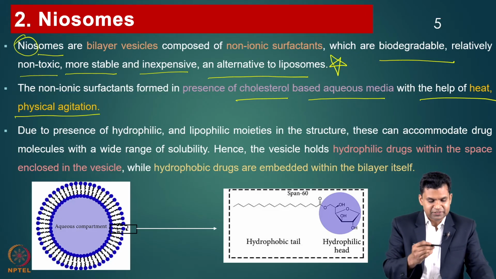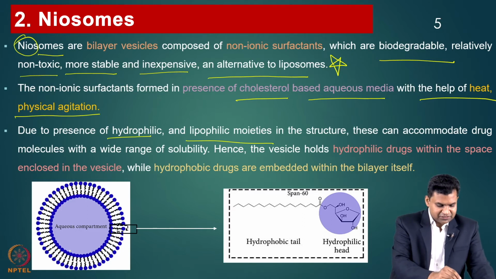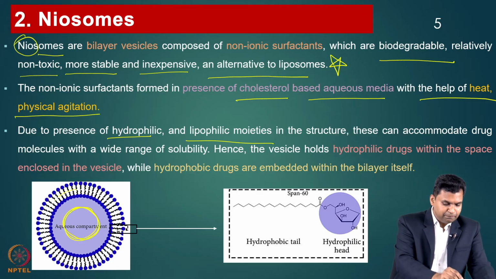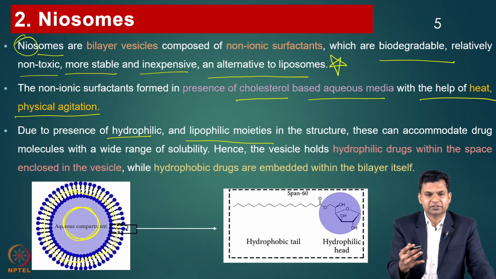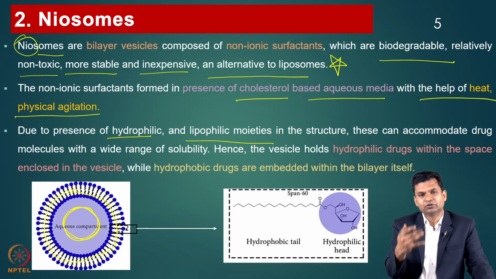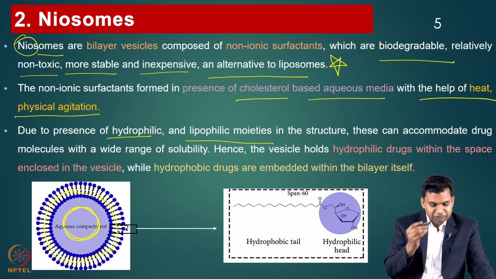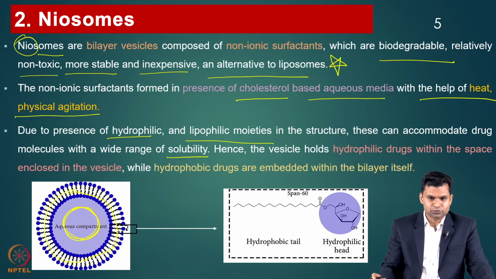Due to the presence of hydrophilic and lipophilic moieties, you can see in this structure, this is the aqueous compartment in the interior portion, and between these layers you will see the hydrophobic portion. With that you can load both hydrophilic and lipophilic molecules into this structure, which will enhance the solubility, similar to the liposomes.